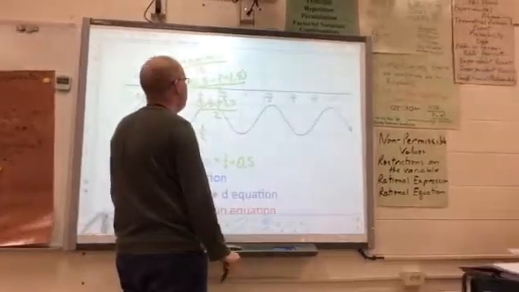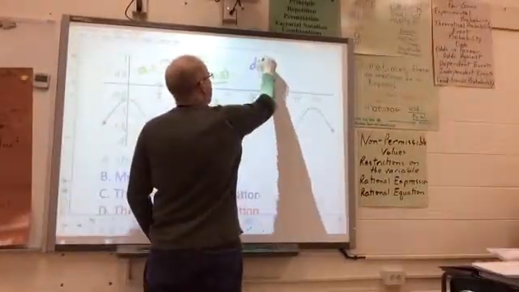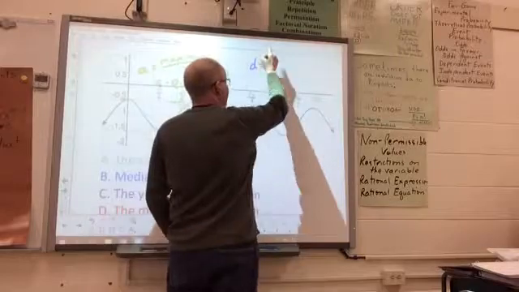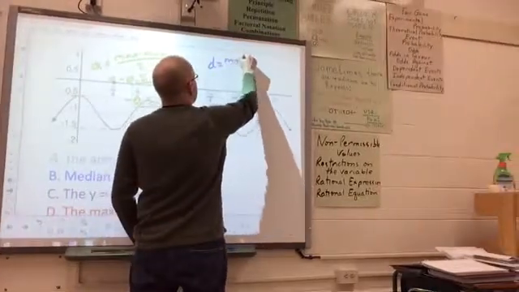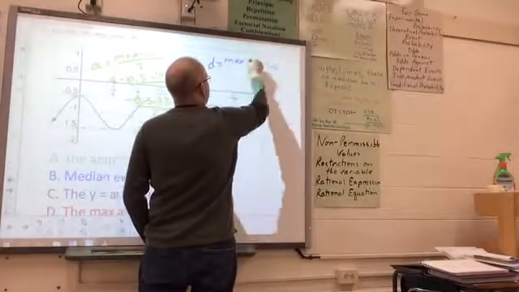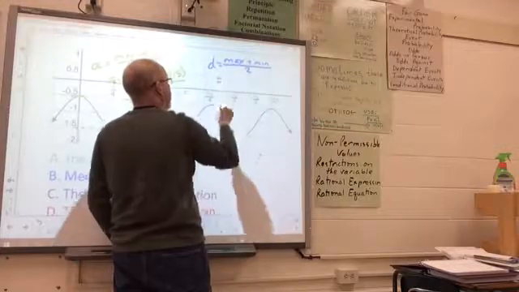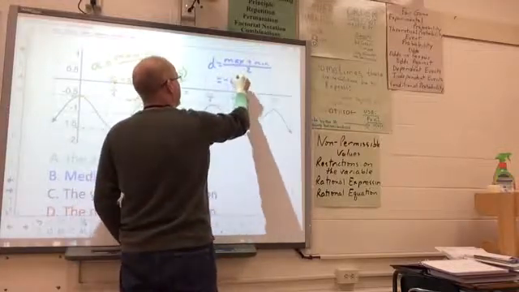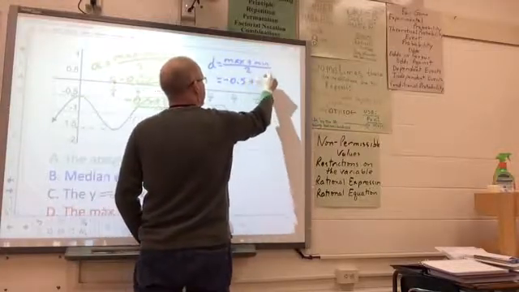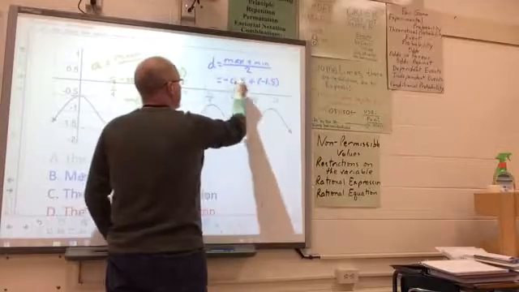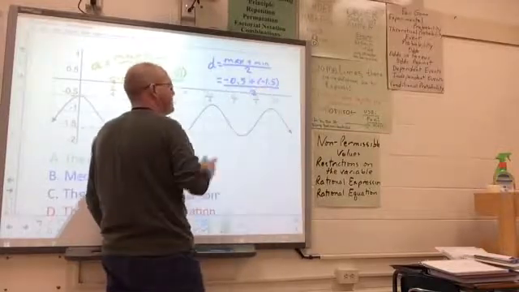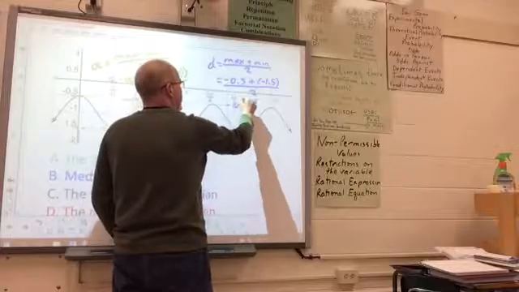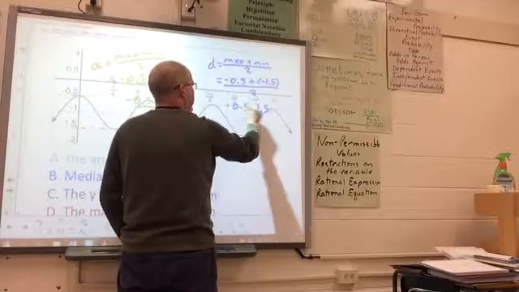D, the midline, or the median, is max plus min over 2, which is the maximum is minus 0.5 plus minus 0.5 minus 1.5 over 2.